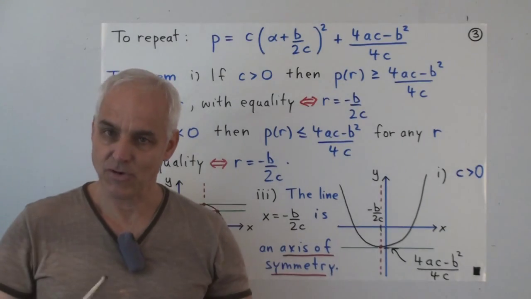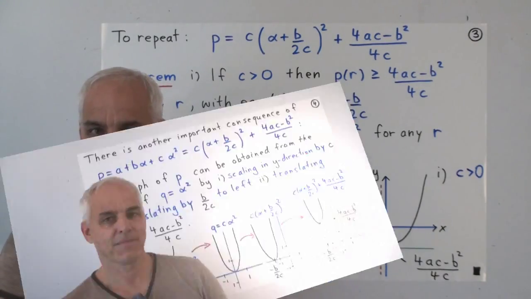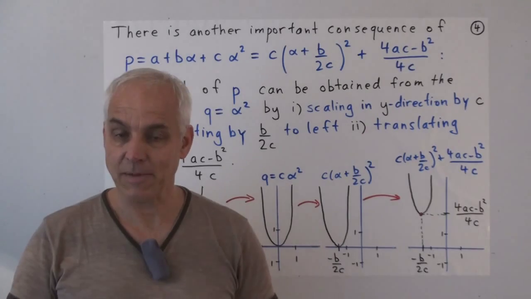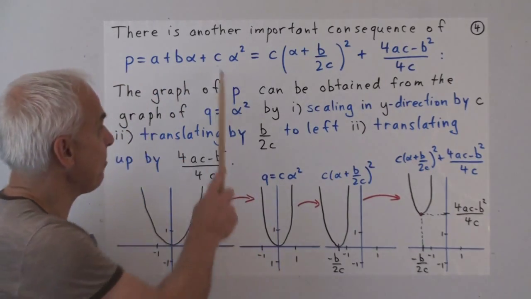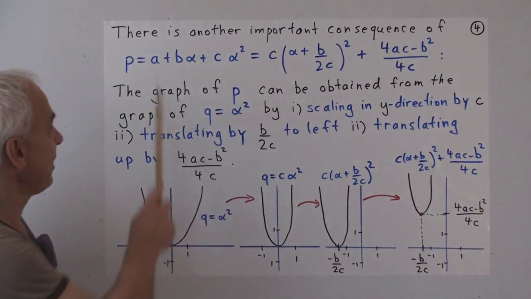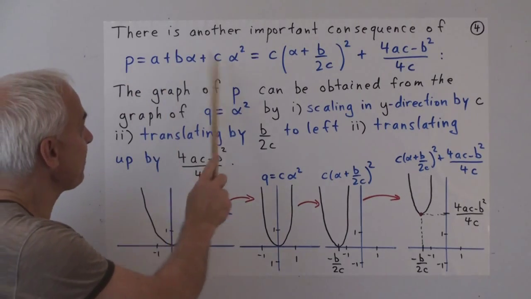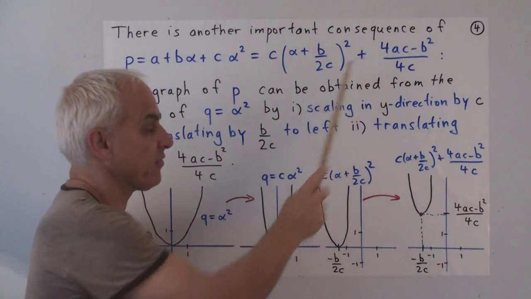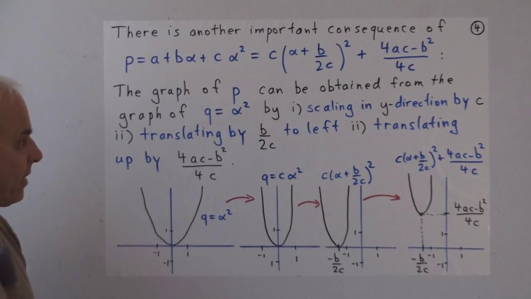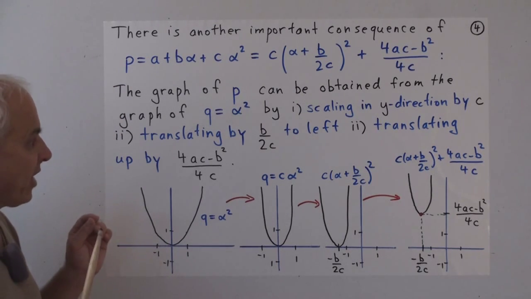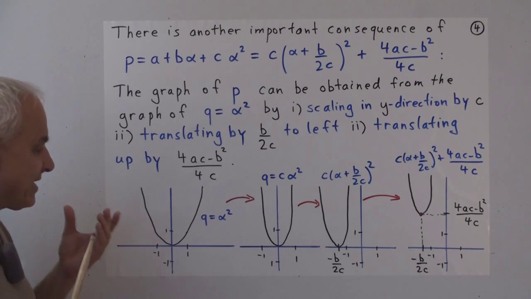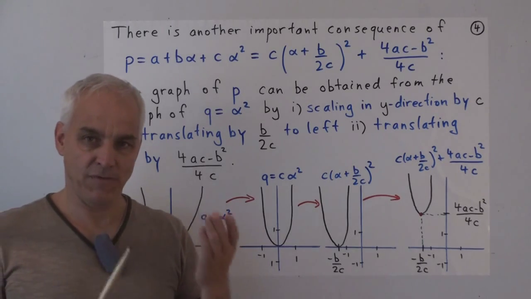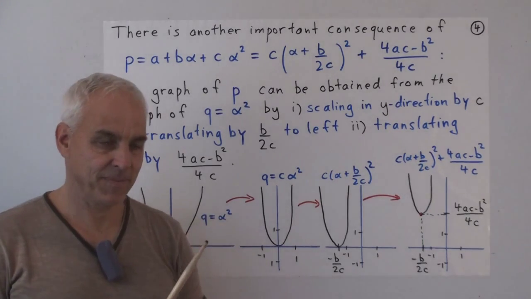or a quadratic polynomial. There's another very interesting and important consequence to this basic formula that we've established. There's the polynomial p, and there it's rewritten after having completed the square. So the consequence of this is that we can actually say something about what the shape of such a graph is.